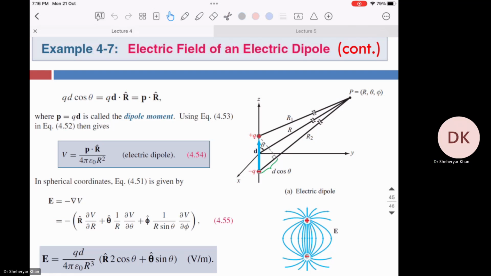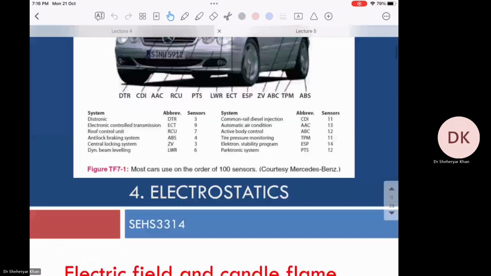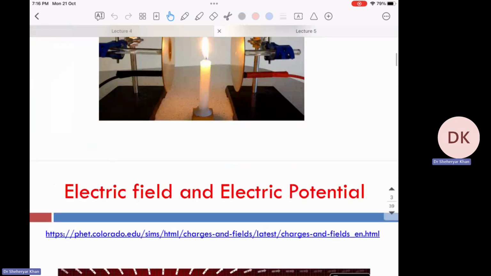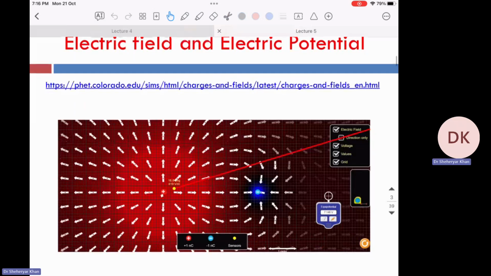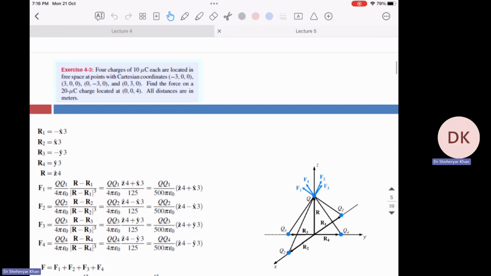Now, if you move to the other slides, we have some videos here, but I'll show them later on. We have this simulation for you to try. And here are a few tutorial questions that actually belong to the previous topic. Okay. But we can also try them later on.